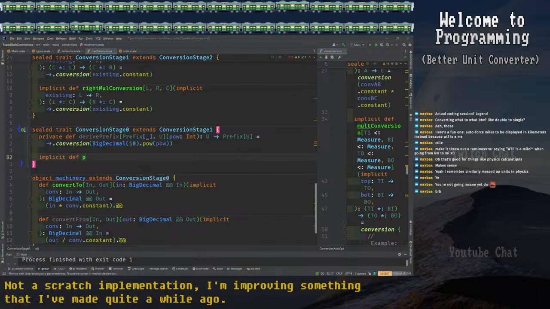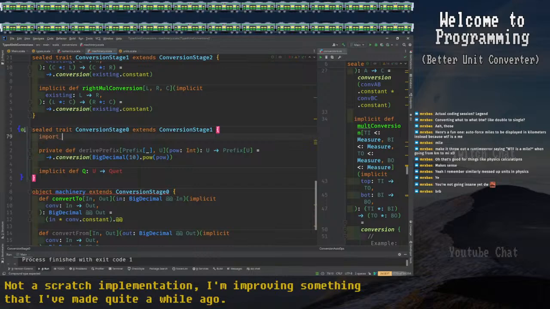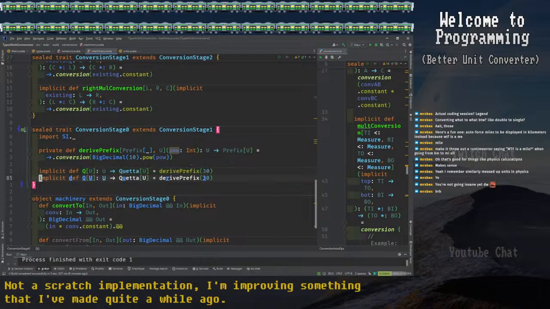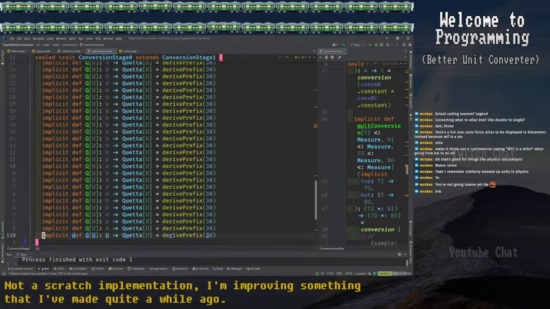I need that tab back because I need all the shorthands of the prefixes. Oh my god, that's way too many.